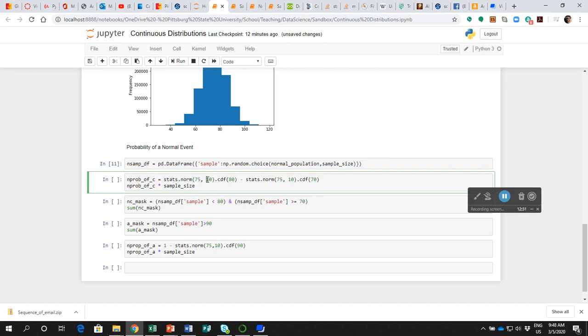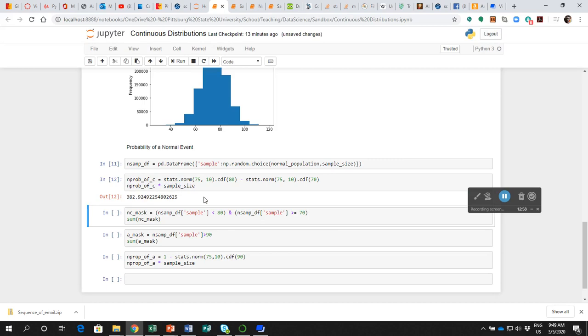Mean of 75, standard deviation of 10, so the cumulative distribution up to 80, and then subtracting from it the cumulative distribution up to 70. And this right here is the number I expect to be in that sample. This is the theoretical expectation, calculating the probability.